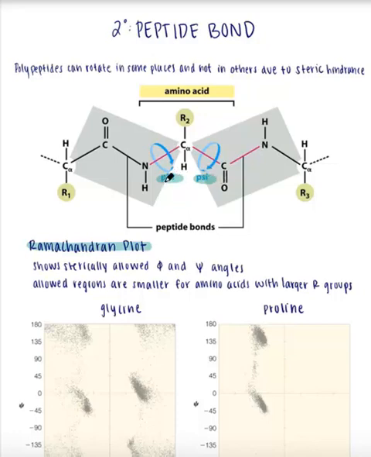These are the 2 bonds right next to the alpha carbon. One's going to be between the N and the first C, and the other one would be between those 2 C's for any given amino acid. And these are going to restrict how much the polypeptide can rotate, because sometimes the 2 would occupy the same space, which we don't want.